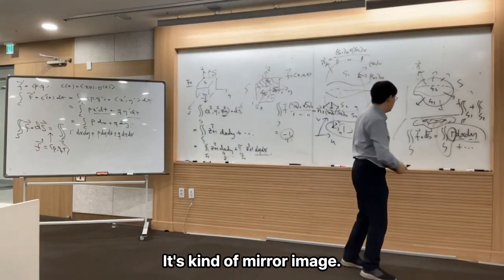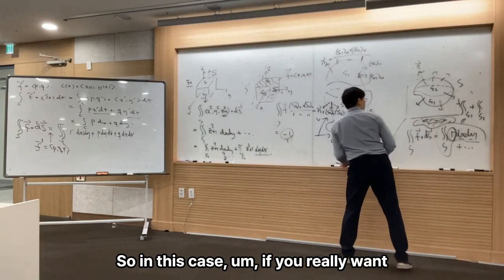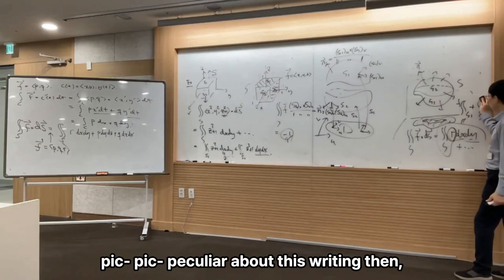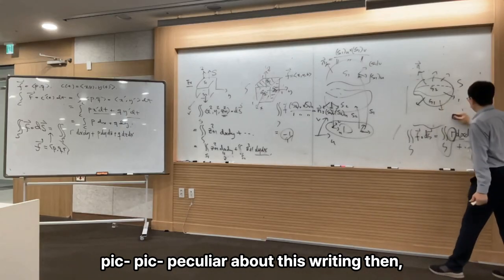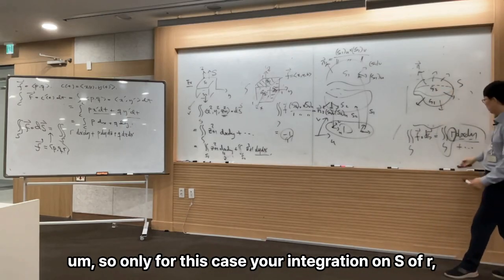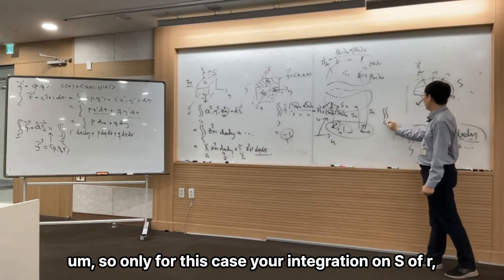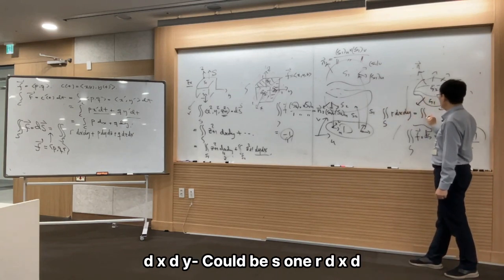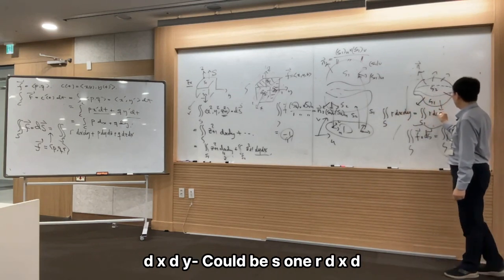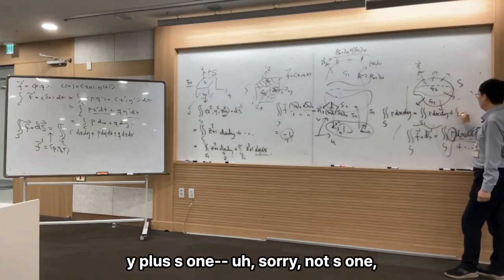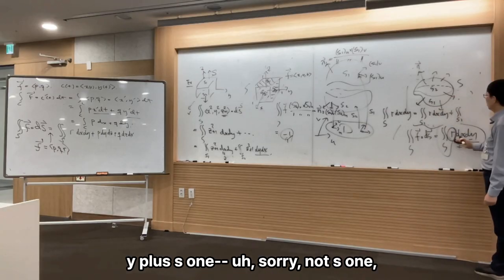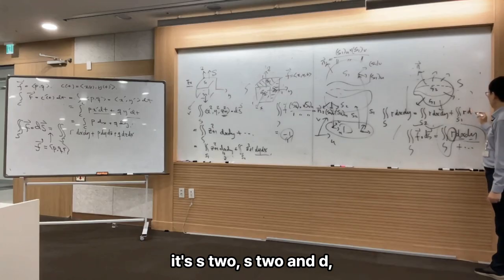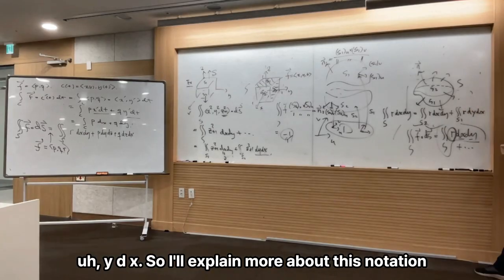If you really want to be peculiar about this writing, then only for this case, your integration on S of r dx dy could be the integral over S1 of r dx dy plus, sorry, not S1, it's S2, and the y dx.